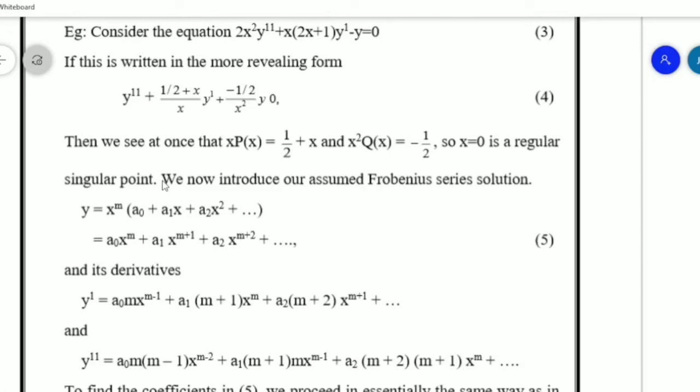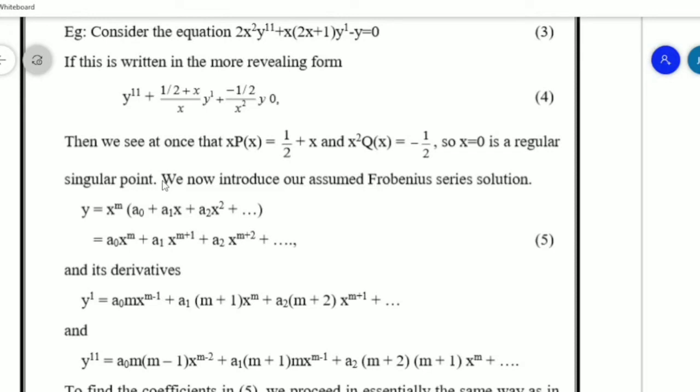So here we can see that x equal to 0 is a regular singular point. So we can find the solution using the Frobenius series method. If it is a regular singular point, then we assume a solution of the form y equal to x raised to m into (a0 plus a1 x plus a2 x squared plus etc.), and find the derivatives y dash and y double dash.